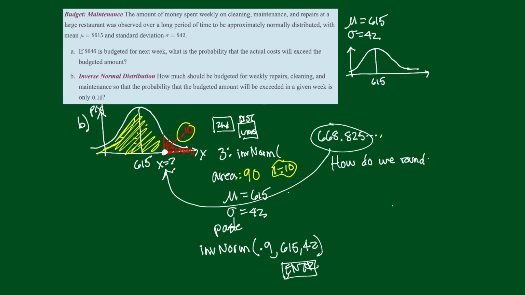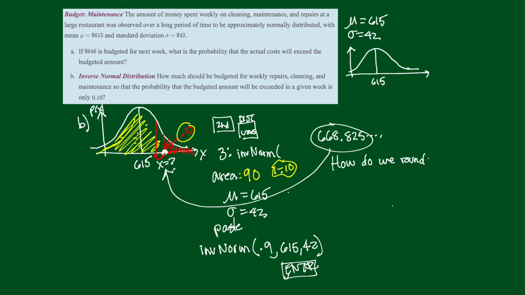All right, so in the last problem we did, we were doing a guarantee type problem, and we always rounded down. What are we going to do here? Well, now we don't want to go over the amount, right? So what if we rounded down to 668? If I take this number and round it down to 668, I'm getting more area. So I'm going to exceed more.